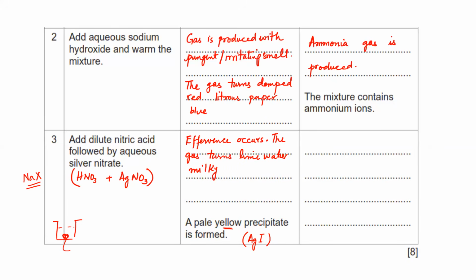Okay, so the carbonate ion is there, so the acid reacts with it. Then a pale yellow precipitate is formed. So this is the presence, you can say, of iodine. So for the first conclusion, CO2 gas is produced.